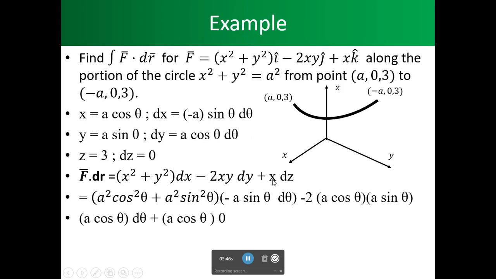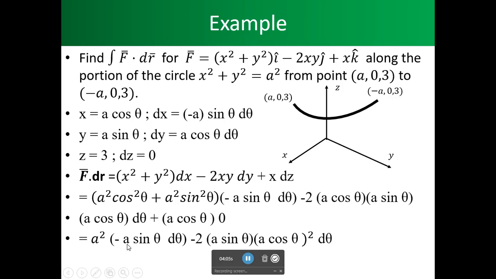And then we have our z, which is our x again, a cosine theta, times dz, which is 0, so this goes out. So what do we have left? We have an a squared all the way across. We can pull that out.